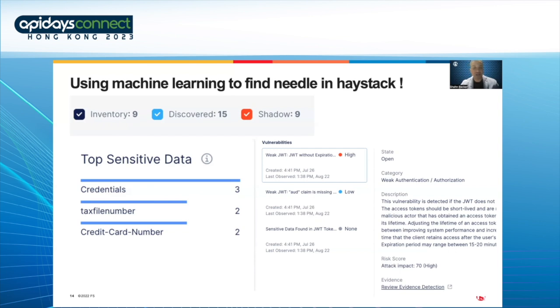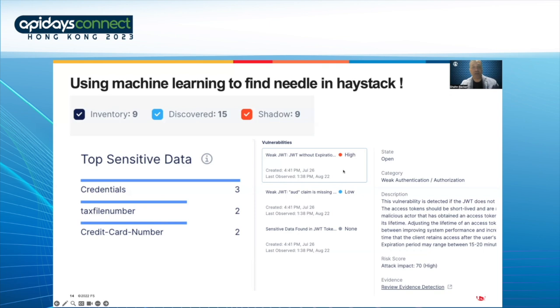We can take some of the tokens, like in this case that you see on the screen, we find the JWT token and we run it through a certain amount of intelligence to figure out what is wrong with this. In this case, we found that there is authentication in the form of JWT, but the JWT is weak. And here is the list of vulnerabilities that we saw.